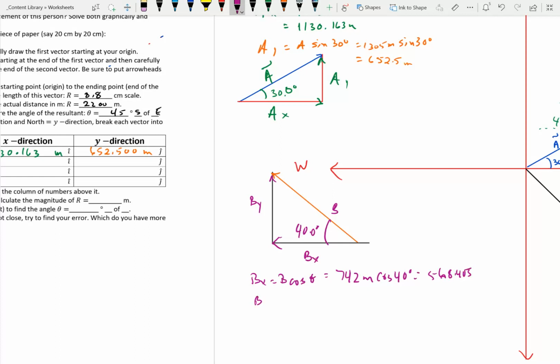And By is equal to B sine theta because it's opposite side, equals 742 meters sine of 40 degrees equals 476.948.